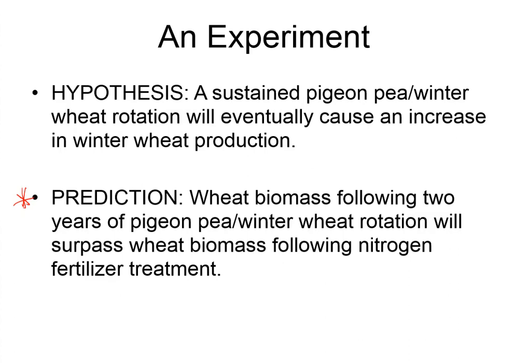So in this case, I say, my wheat biomass following 2 years of pigeon pea wheat rotation will surpass wheat biomass following nitrogen fertilizer treatment. When you make this prediction, this is what you are going to do. What I'm going to do first, I will have wheat biomass, and then I'll have 2 years of pigeon pea, and then wheat biomass again.